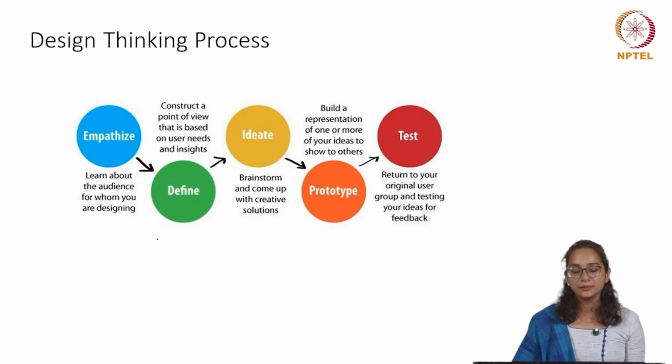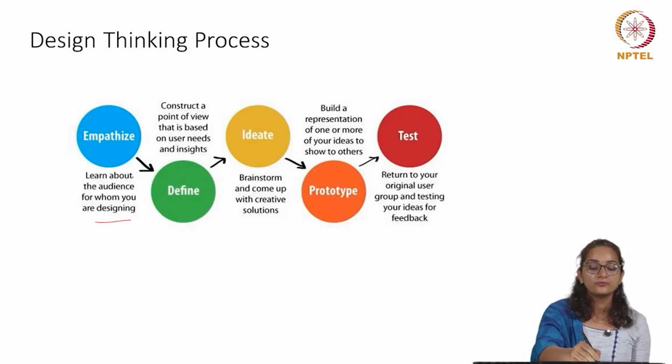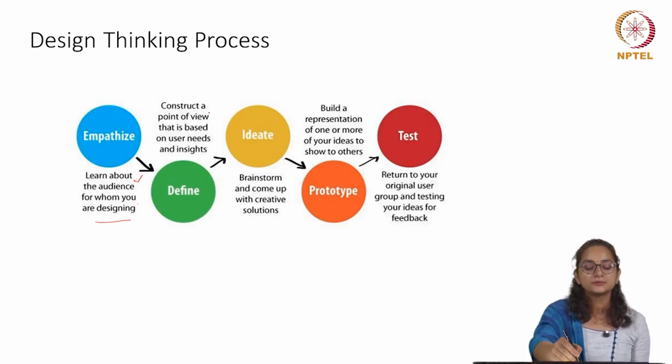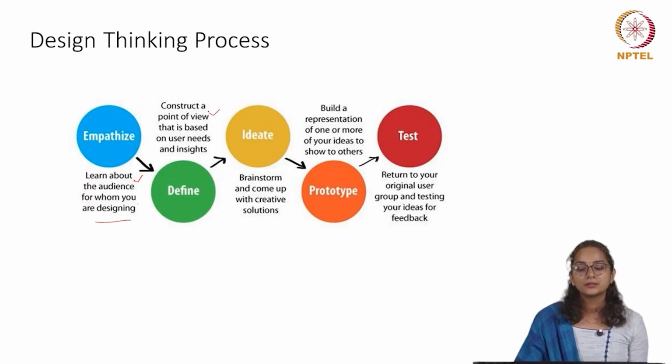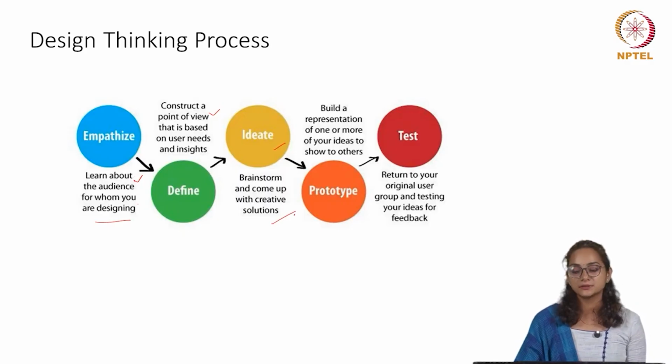This is another diagram depicting the design thinking process, which talks about, again, various aspects. So for example, during the empathize phase, we learn about the audience for whom you're designing. During the define phase, we construct a point of view that is based on user needs. During the ideate phase, we brainstorm and come up with creative solutions, as many as possible.